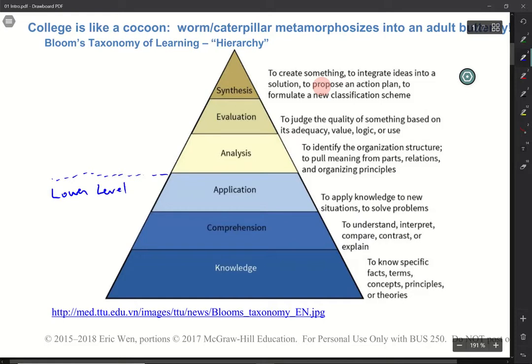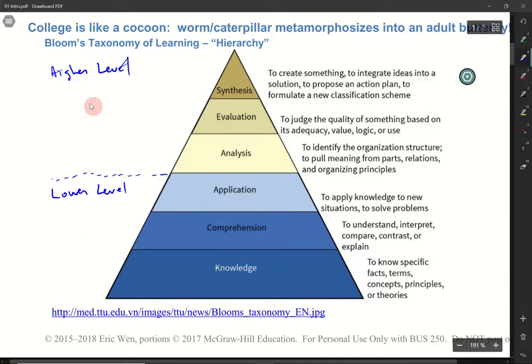And these are called the higher level. And so Bloom's taxonomy is known to have these six topics, and the lower three are the foundational ones, and then the upper ones are considered the higher level ones.